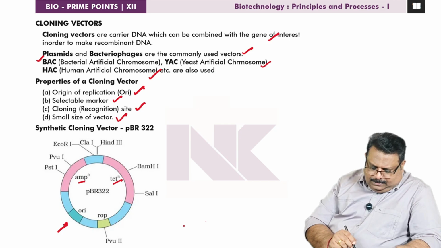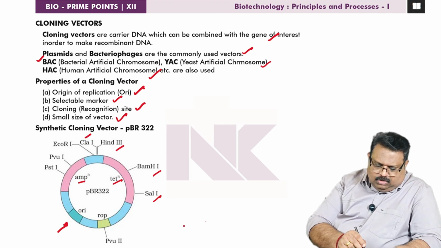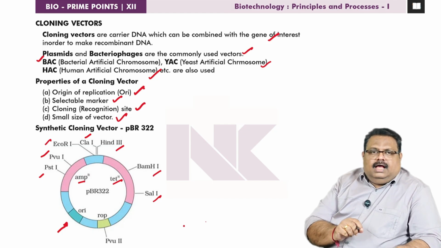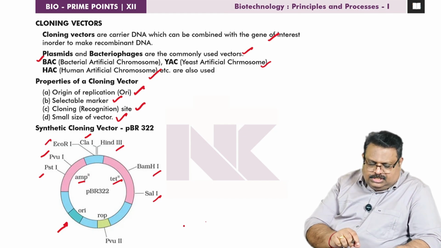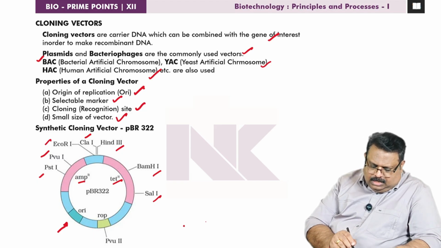Then PvuII, SalI, BamHI, HindIII, ClaI, EcoRI, PvuI, PstI, all these are the cloning sites at which that particular restriction enzyme can be used for combining a foreign fragment. That means BamHI will cut the cloning vector at this site.